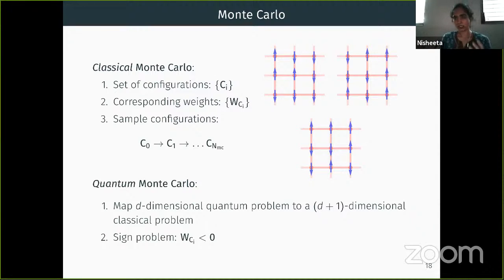Now in quantum Monte Carlo, you have a d-dimensional quantum problem, and you map it to a classical problem in one higher dimension. Now, when you do that mapping, sometimes the weights become negative. And when there is no way to do this mapping in such a way that all the weights are positive, then we say that the model has a sign problem.